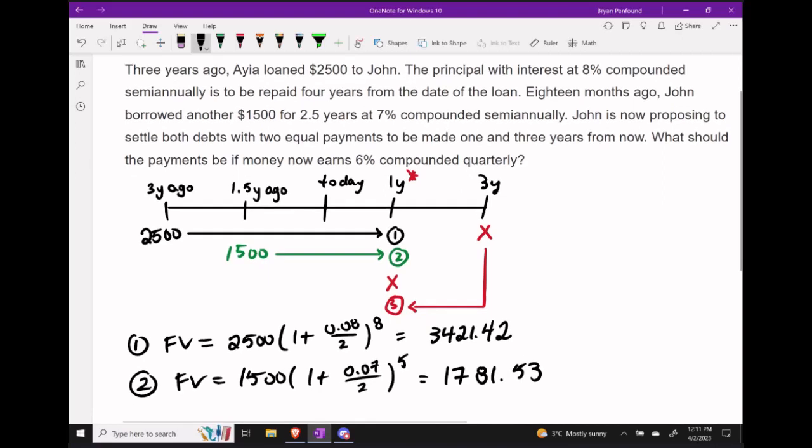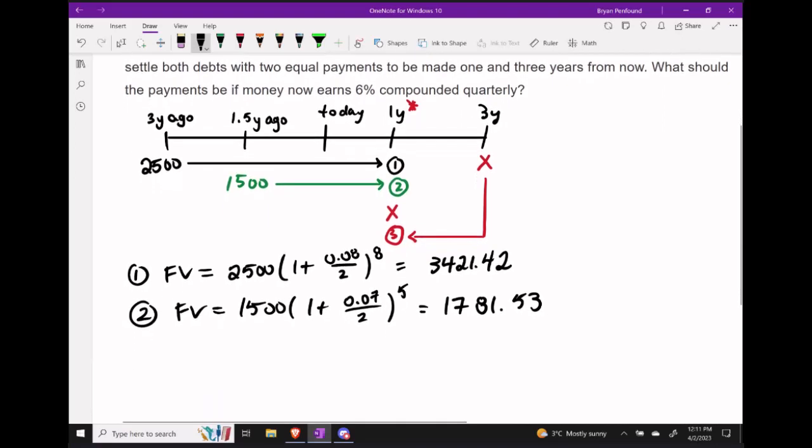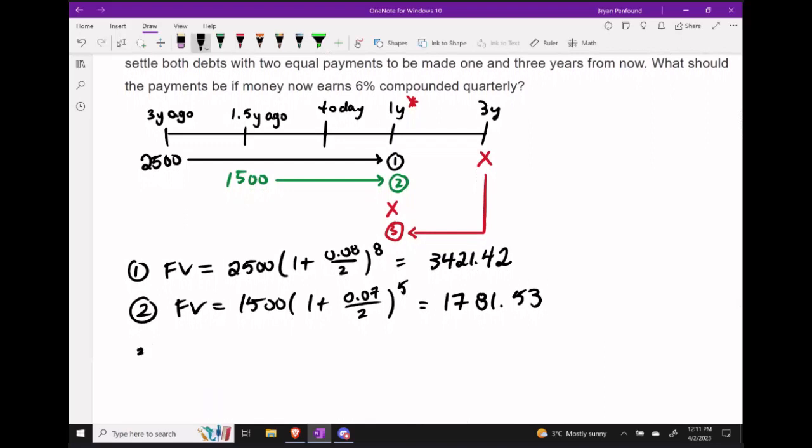Our next step is going to be to deal with that equal-sized payment that happens 3 years from today. In this case, we need to use the principal amount or present value formula. So we're going to take x to be the numerator of our fraction. And now we are negotiating this at a rate of 6% quarterly, so 0.06 over 4.